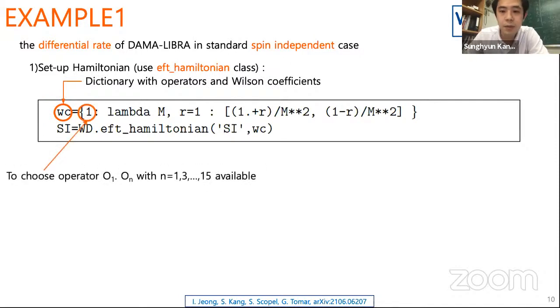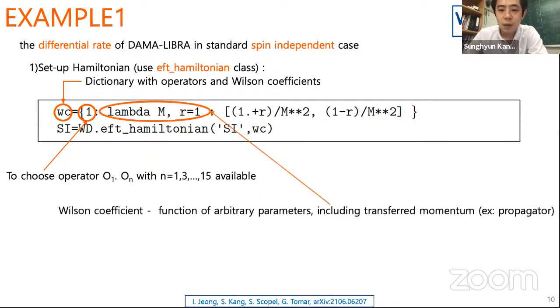Here, I put 1 for the dictionary key to choose operator O1, where 1, 3, and up to 15 are available. The Wilson coefficient is a value of the dictionary, which needs to be a function of arbitrary parameters, including transferred momentum. Finally, this routine, EFT Hamiltonian, gives a Hamiltonian object.